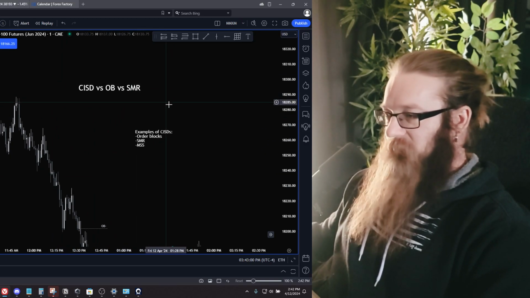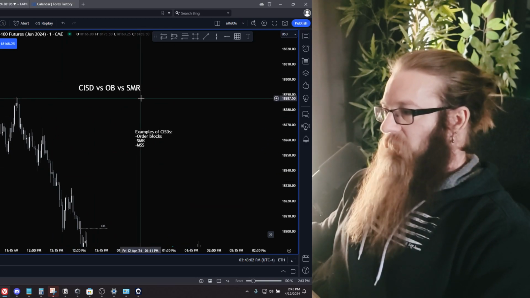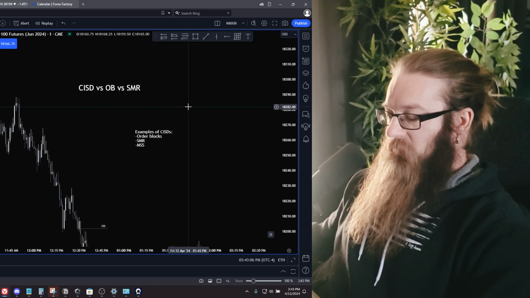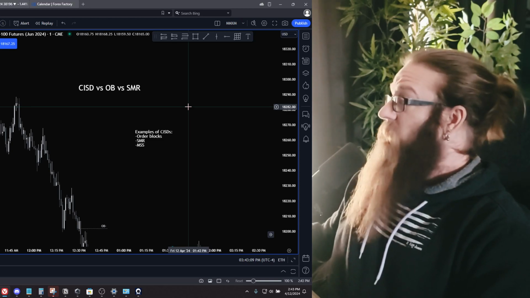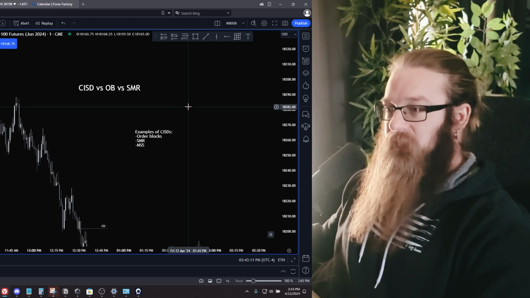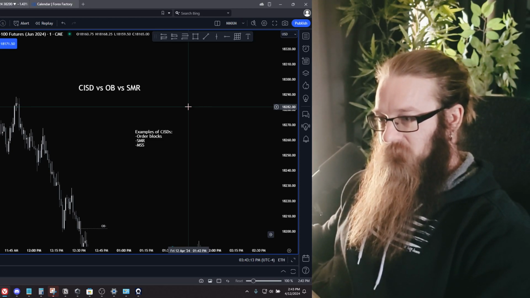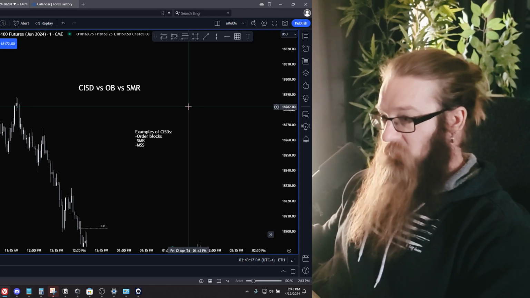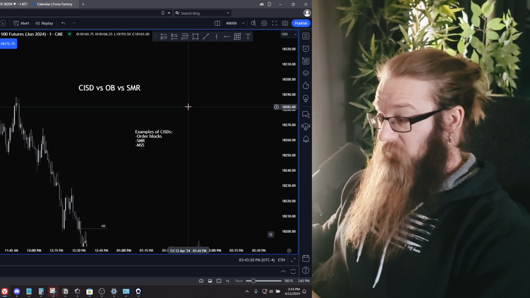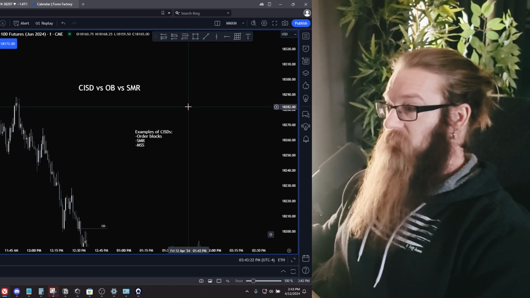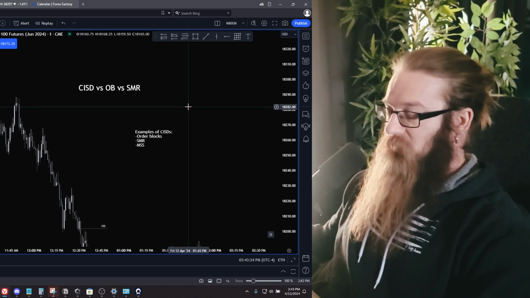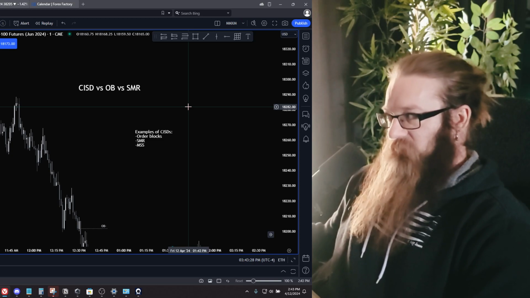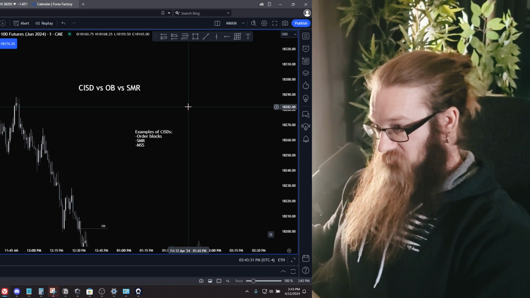Just like an SMT. SMTs can happen in the middle of nowhere. They can happen in a high time frame PD array. They can happen in the middle of nowhere, or they can happen within a fair value gap somewhere. That doesn't change the SMT to a CISMT or something. It's still an SMT. That's it.